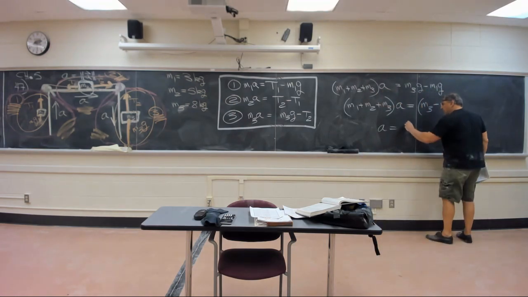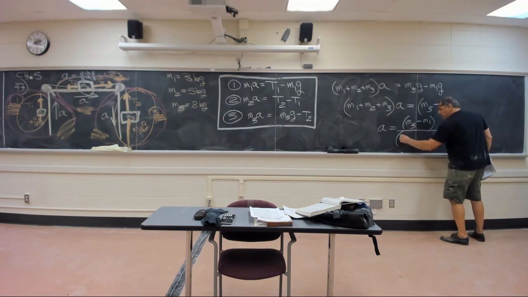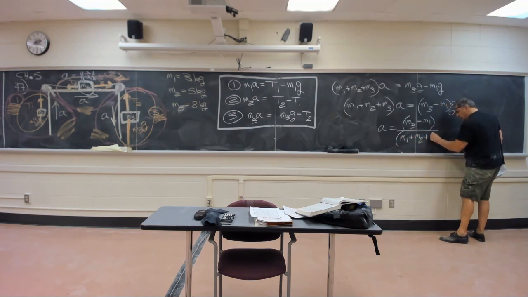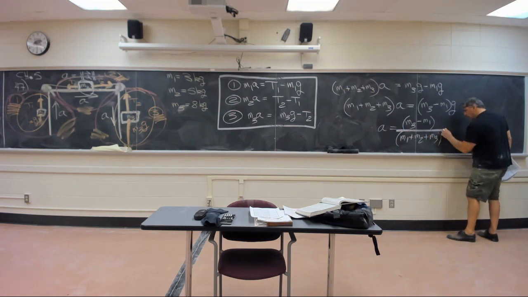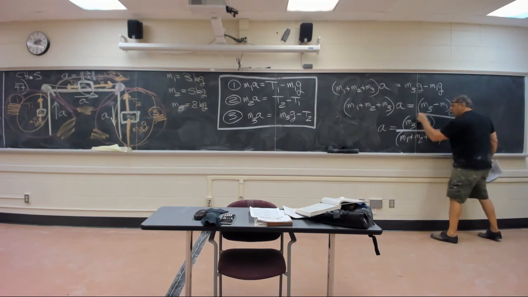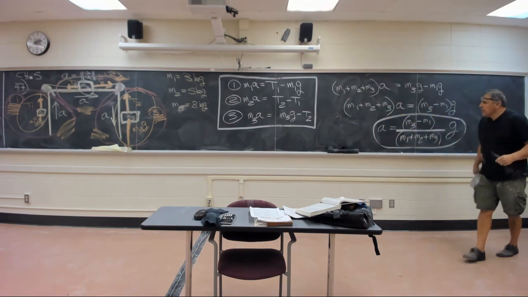A is equal to... there are a lot of ways to write this. We don't have to beat it up too much, guys. We know we can do it. There it is.